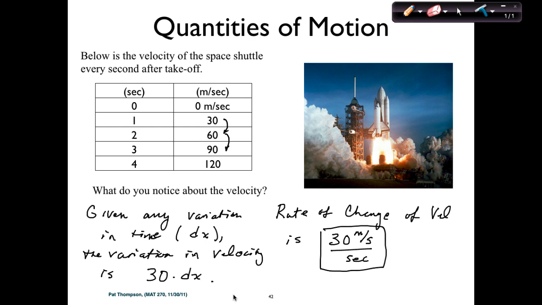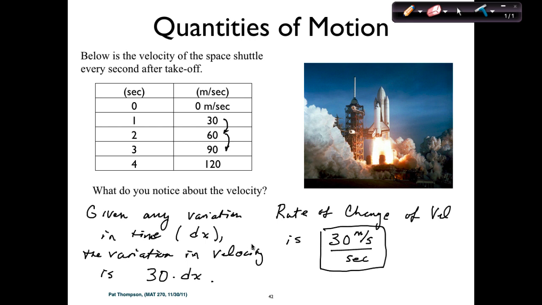more than that, right? I've said this before many times. You know a lot more than that. You know how much the speed goes up in any variation of time. How much does the speed go up in half a second? See, you knew that. How much does the speed go up in 2 seconds? How much does the speed go up in 10 seconds? 300. How much does the speed go up in 1/10 of a second?